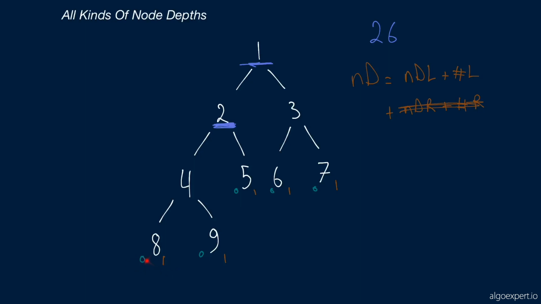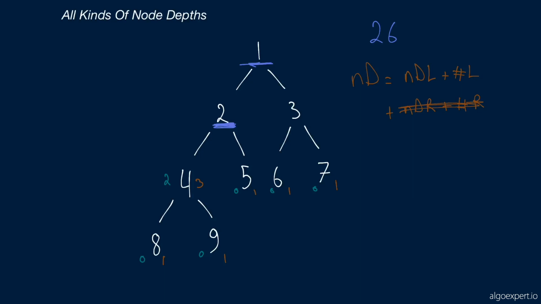Point is, we have these values somewhere. So 0 plus 1 plus NDR, which is 0, plus number R, which is 1. So 0 plus 1 plus 0 plus 1, 2. So we now have 2. And for the total number of nodes in this subtree, it's the total number of nodes in the left subtree plus the total number of nodes in the right subtree plus 1, because we've got one more node here. So 1 plus 1 plus 1, that's 3.